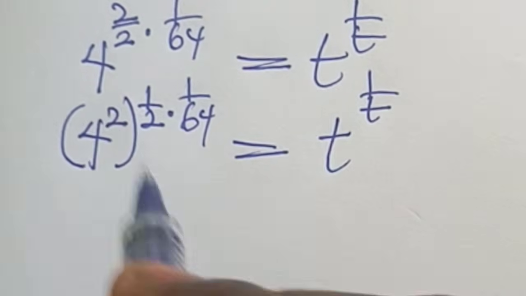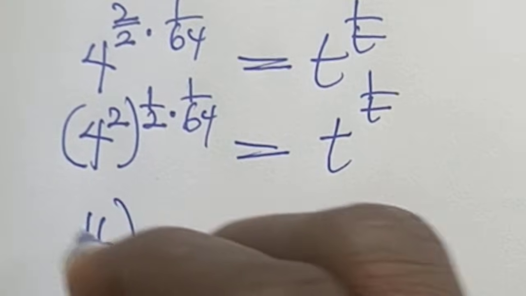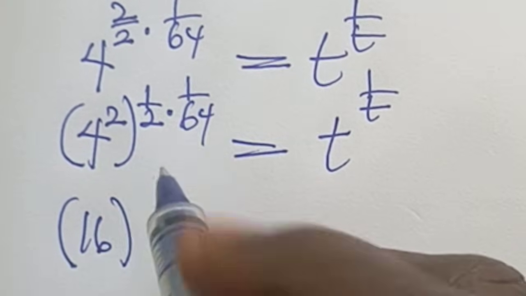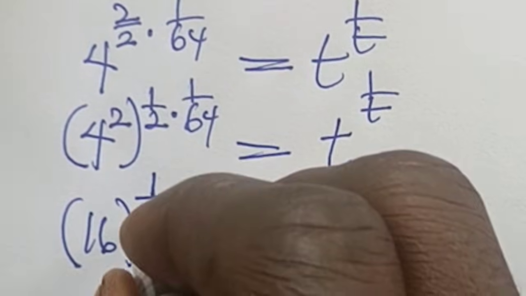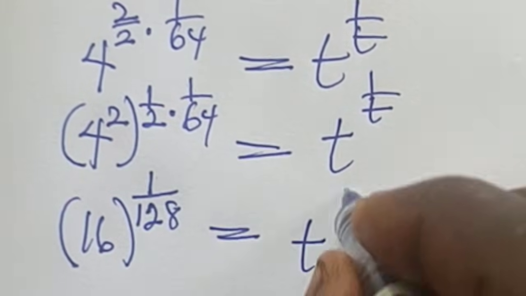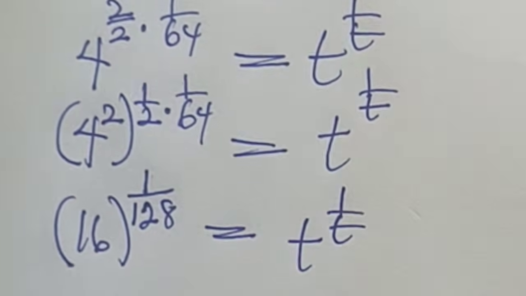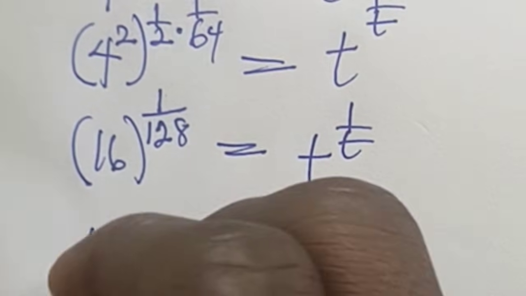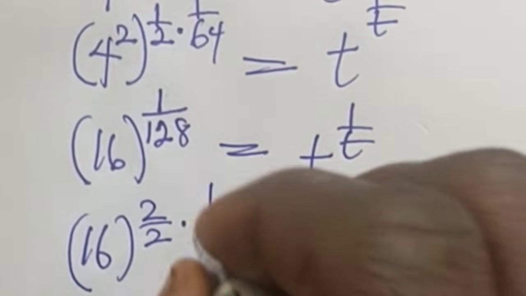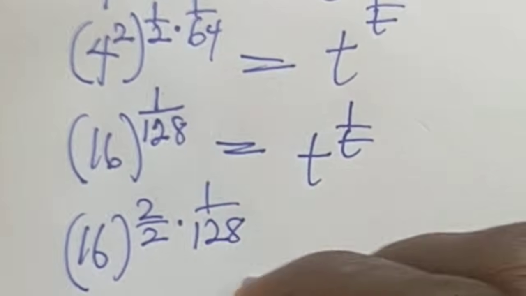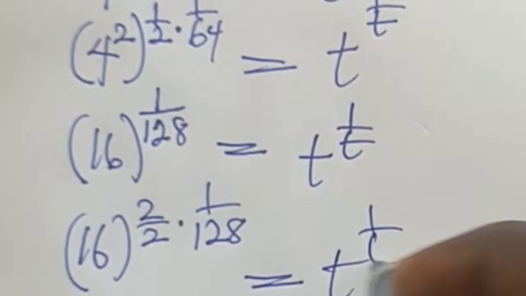So 4 to the power of 2 is 16, and 2 times 64 is 128. So it's 1 all over 128, and this equals t to the power of 1 over t. And again, we write 16 to the power of 2 over 2 times 1 over 128, which equals t to the power of 1 over t.